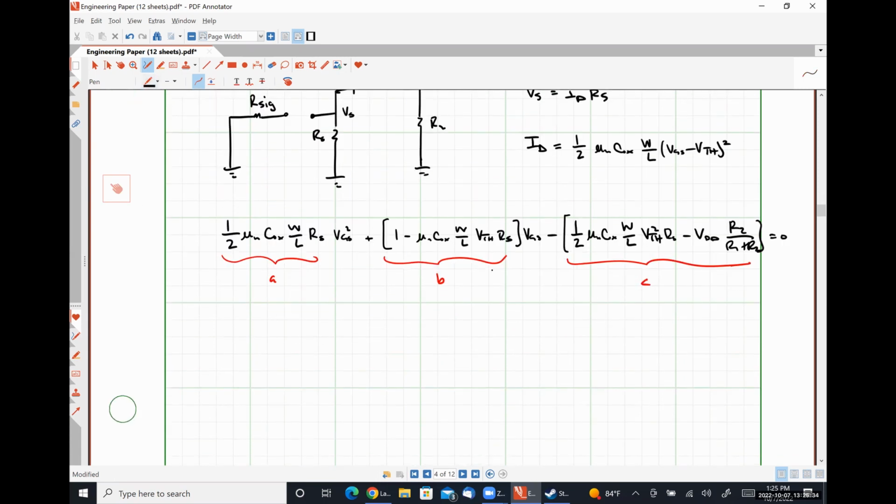And once again, using the good old quadratic equation, VGS in this case is going to be negative B plus the square root of B squared minus 4AC all over 2A, where we have to throw away the negative solution of this quadratic solve, because it's actually going to give us a device that's operating in the triode region.